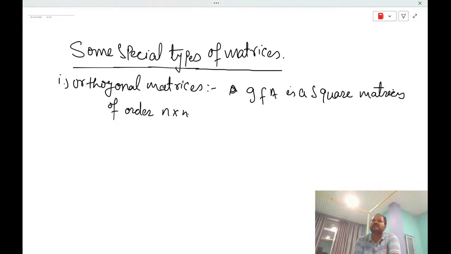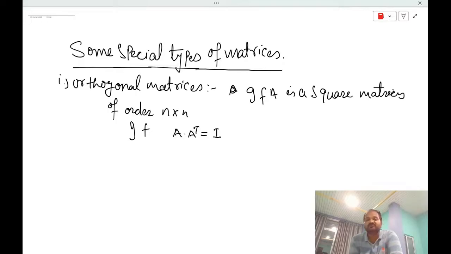So if A is a square matrix of order n by n, and if A dot AT is equal to I, where AT represents its transpose, and transpose means rows will be changed to columns and columns will be changed to rows.